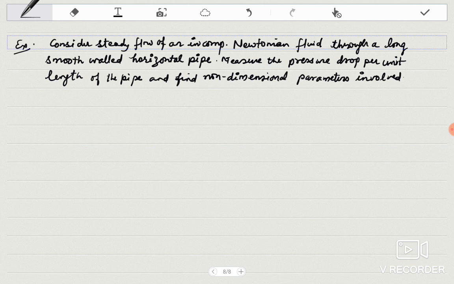Now in this case you have to decide what parameters are involved in this question.